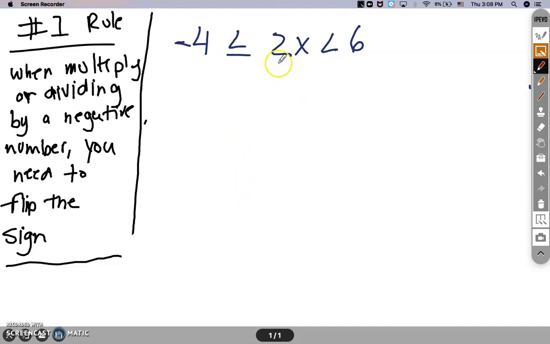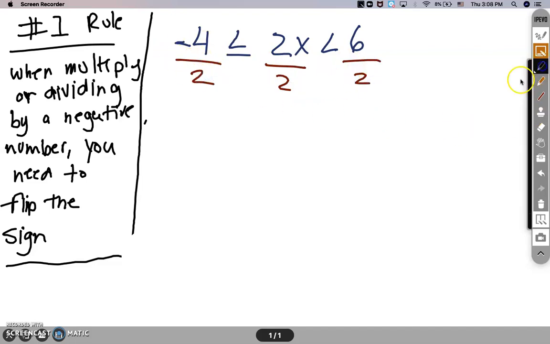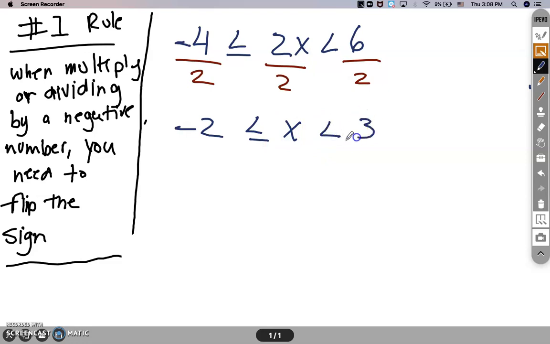So I'm going to divide by 2 on all of them. If I divide by 2 on all of them, then I get -2 less than or equal to x less than 3. Now, I'm not dividing by -2, I'm dividing by 2, so I just keep the sign the same. Okay? So now I get this.